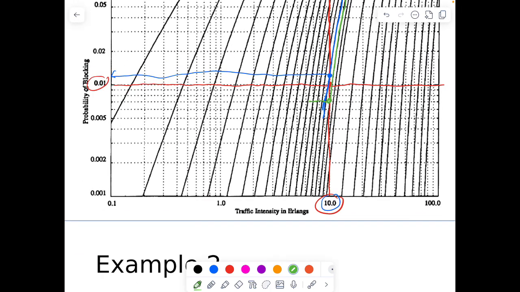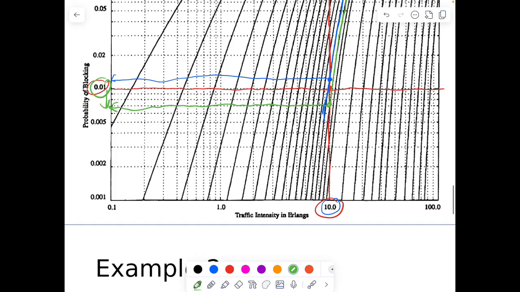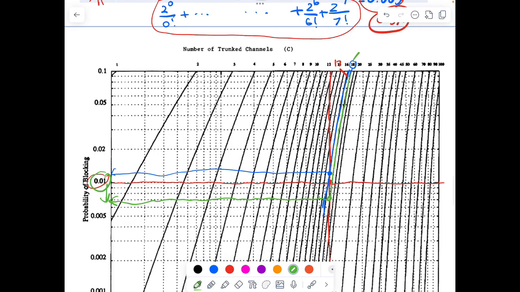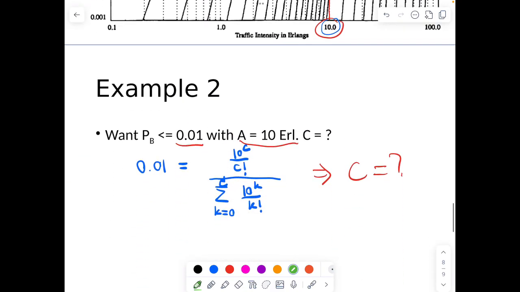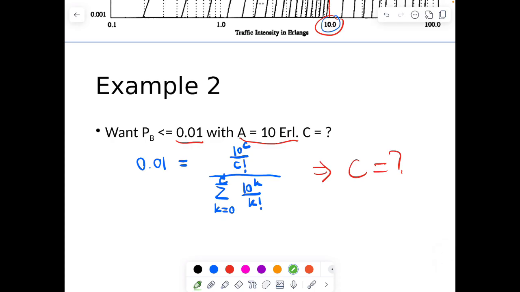You see that the blocking probability is less than 0.01. So 18 is okay, 17 is not okay. So the answer here, c, should be 17. Okay, so the chart is very, very useful and very handy.